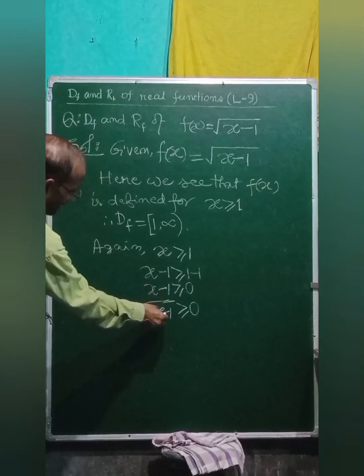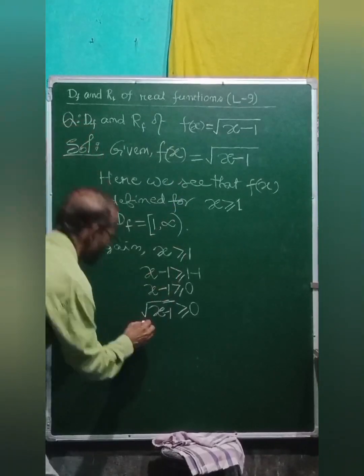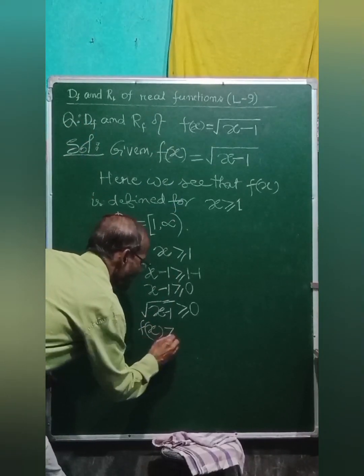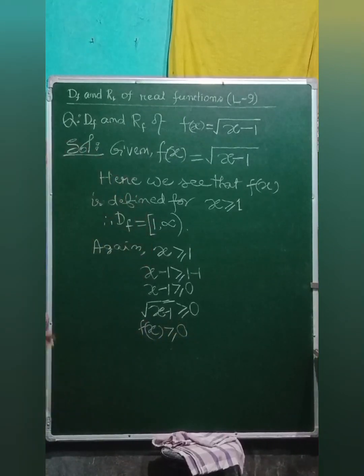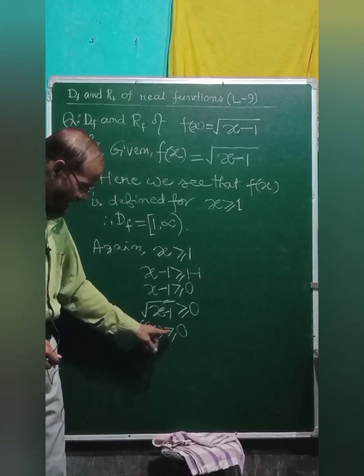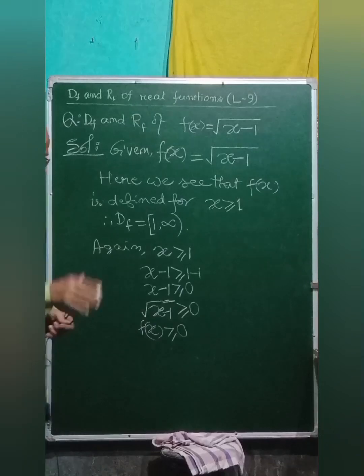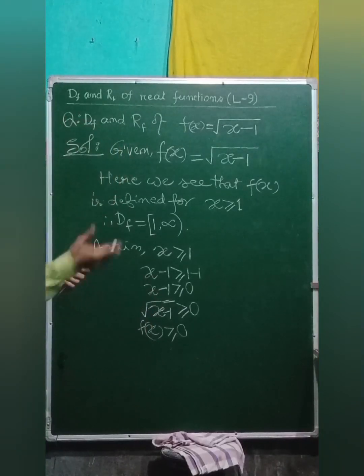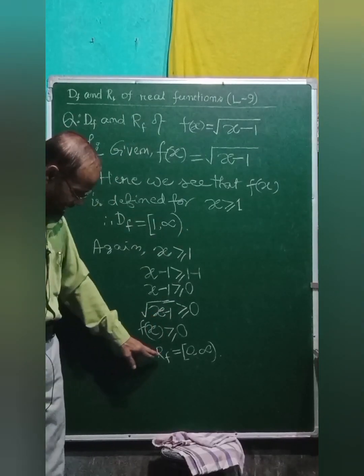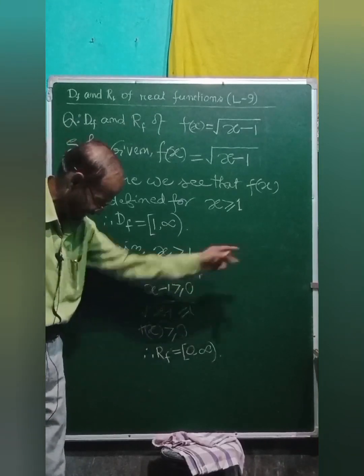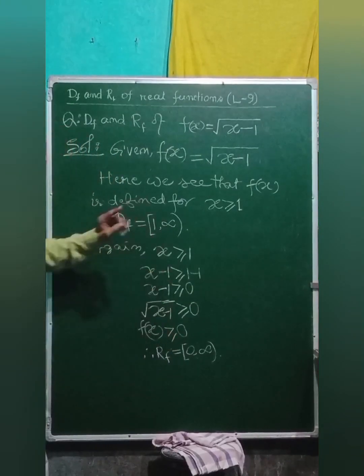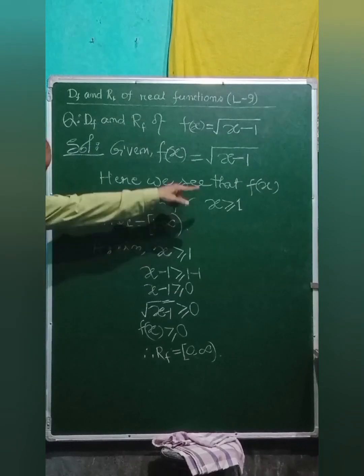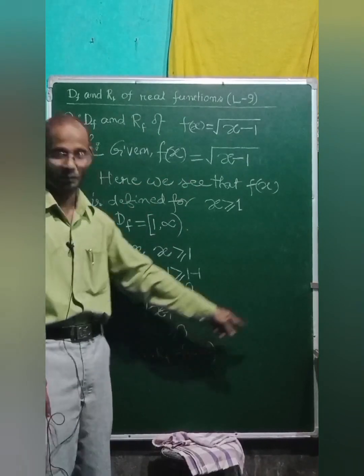This root over (x minus 1) is nothing but f(x), so f(x) is greater than or equal to 0. You can also write y greater than or equal to 0, but there is no need, as f(x) is nothing but y. Therefore, the range is from 0 to plus infinity. So note that the domain is from 1 to infinity and the range is from 0 to infinity. This is the answer.